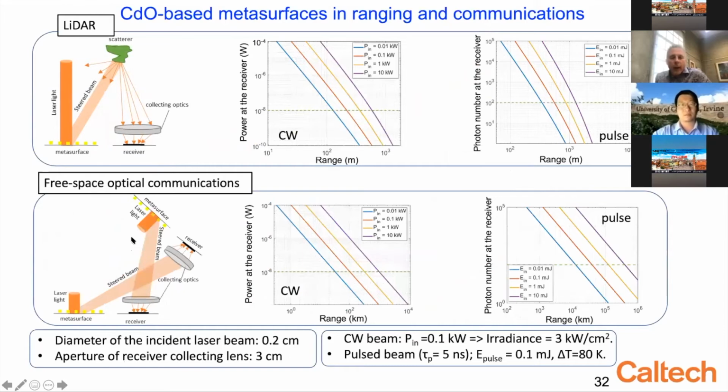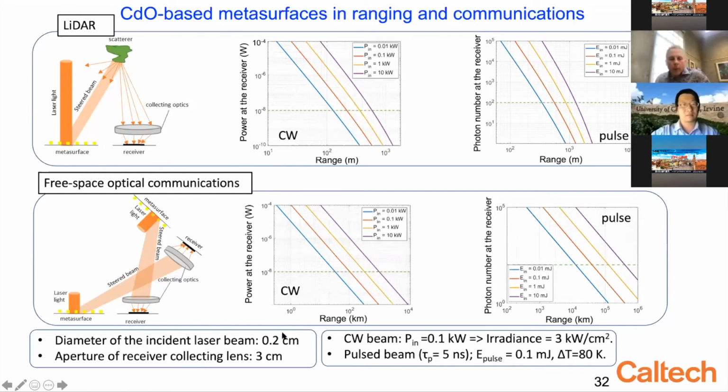And we've done some analysis. This will be published in a forthcoming paper shortly, comparing the characteristics of these TCO-based metasurfaces with all of their current state of development and non-ideality for applications like LiDAR and free space optical communications. And we looked at the analysis in the limit where we had both CW and pulsed excitation from a source impinging on the metasurface aperture.